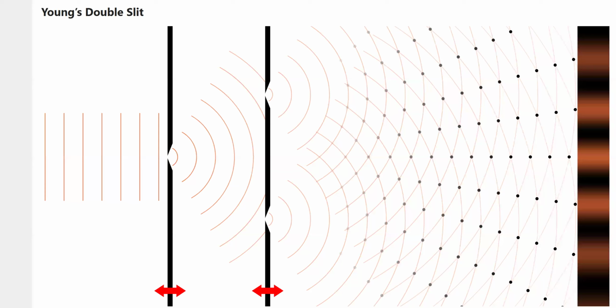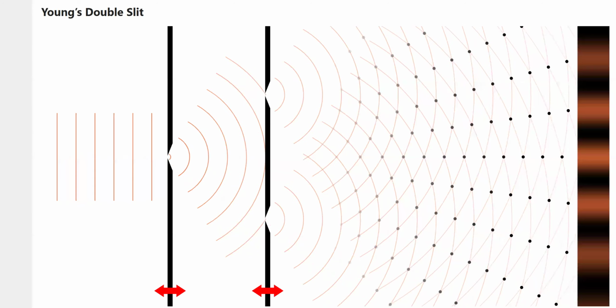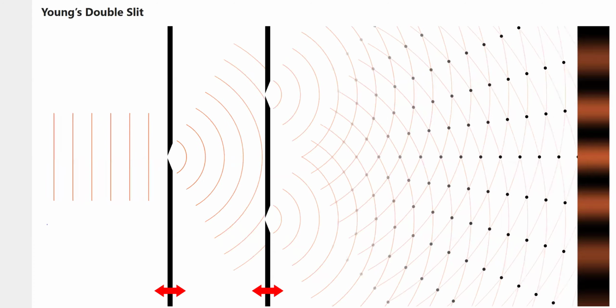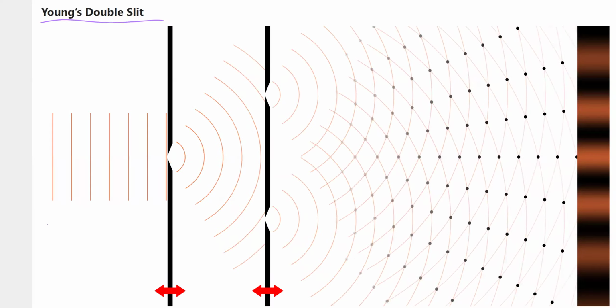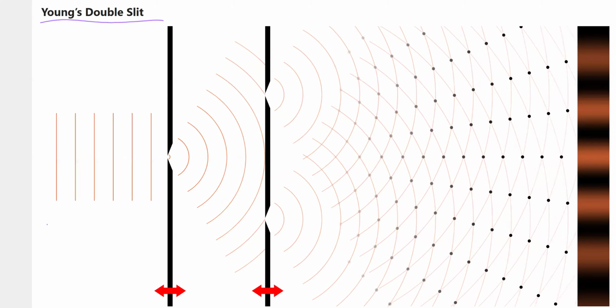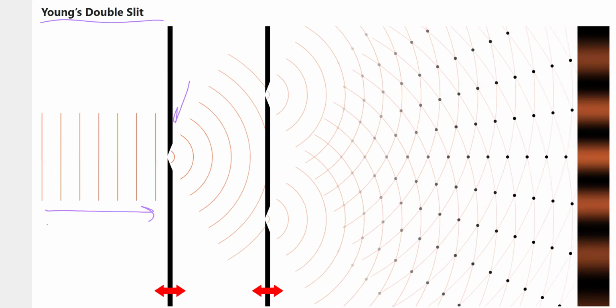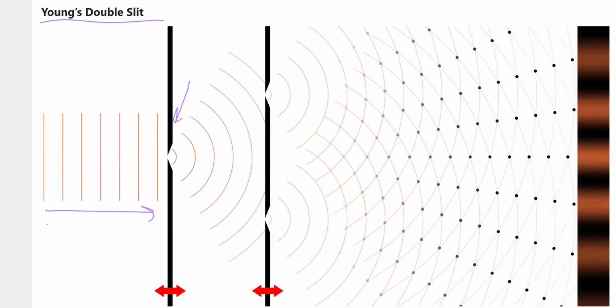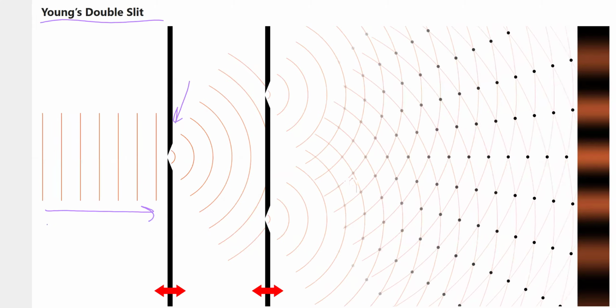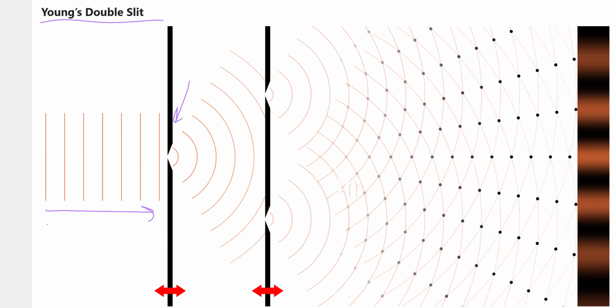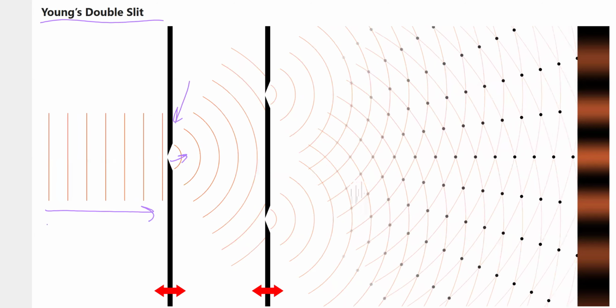And now we go to the next point. We'll go now into Young's experiment. What is Young's experiment and what is it used for? So this is, as you see, Young's experiment slit. When the rays of light come into one slit here, these rays will be converted as if it is a new source of light.